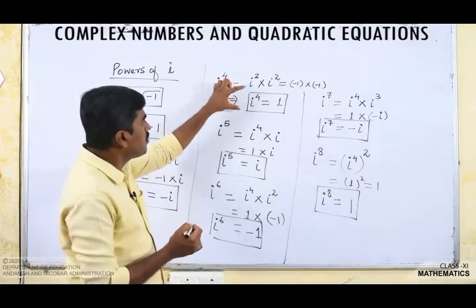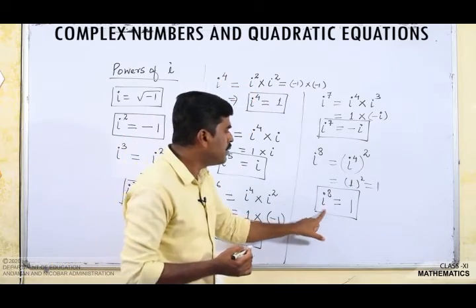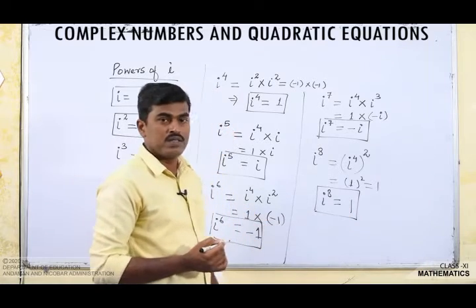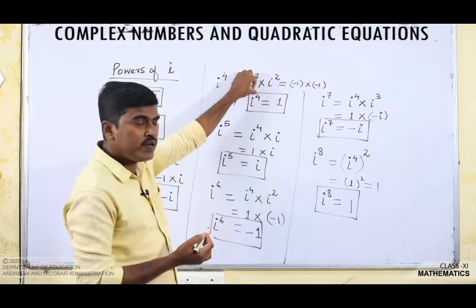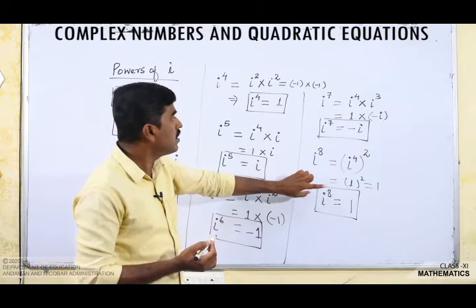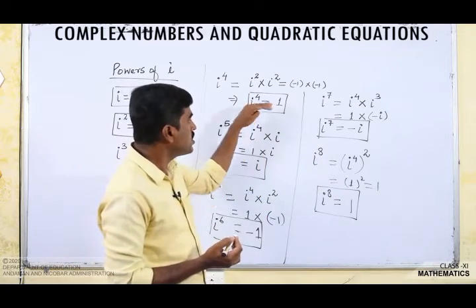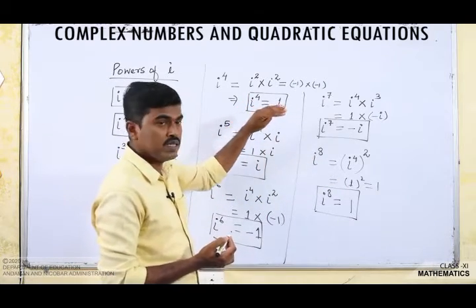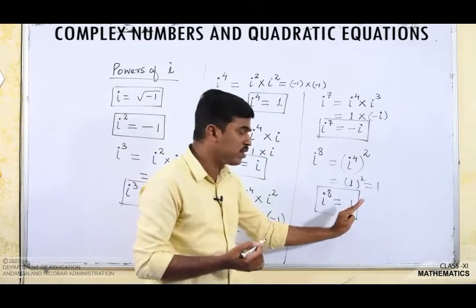Look at i power 4 and i power 8. i power 4 is equal to 1 and i power 8 is equal to 1. In both, the power of i is a multiple of 4. So in this case we get the value 1.